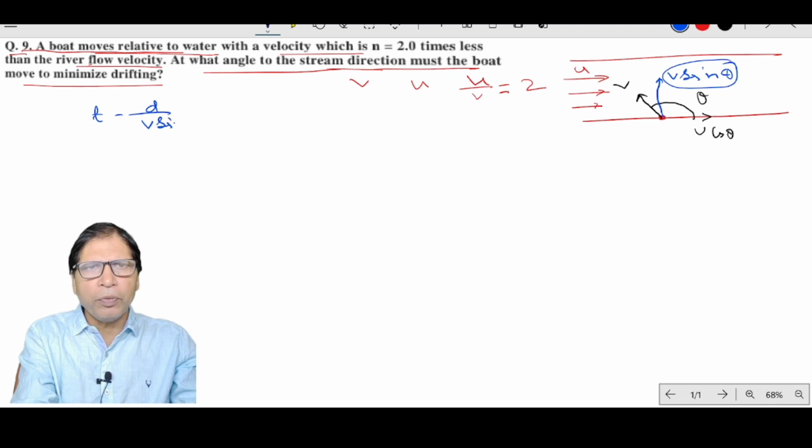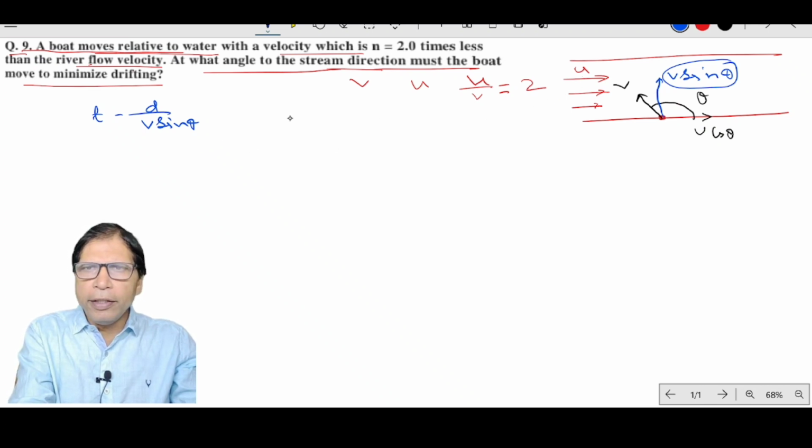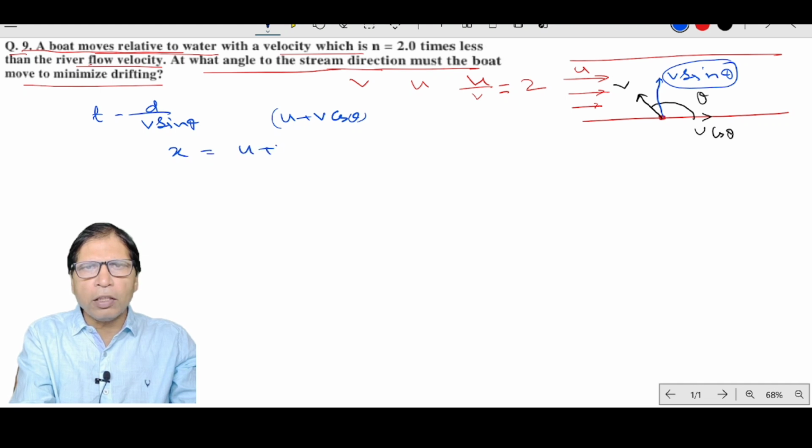Now the resultant velocity of the swimmer in the direction of the stream is u plus v cos theta. Therefore, drift x equals u plus v cos theta into d by v sin theta.